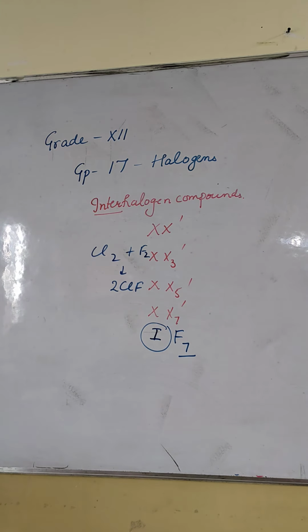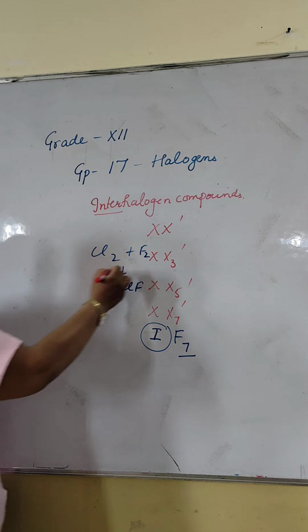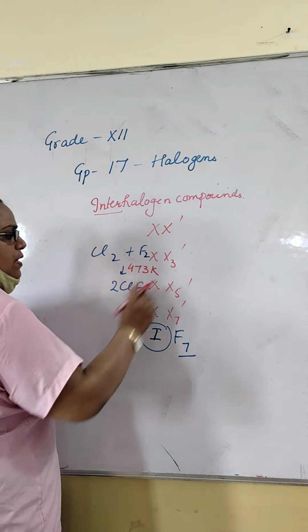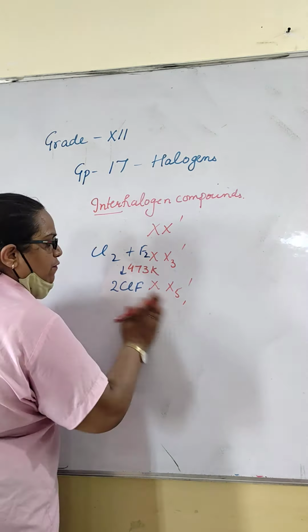If I want to prepare ClF3, the temperature is 473 Kelvin: Cl2 plus 3F2, with fluorine in excess, at 573 Kelvin. So depending on the temperature conditions and which reactant is taken in excess, we prepare the interhalogen compounds.